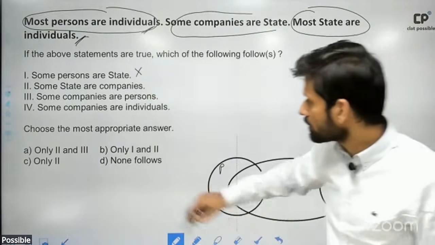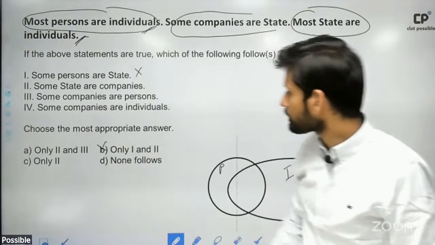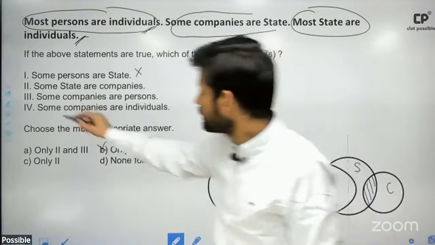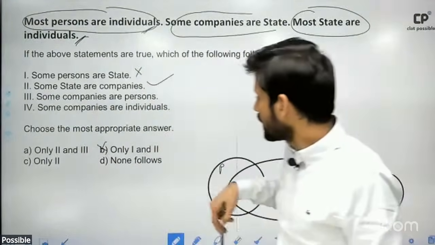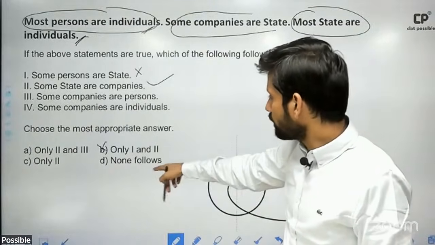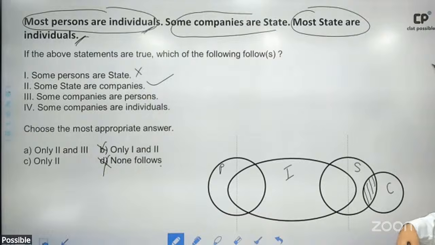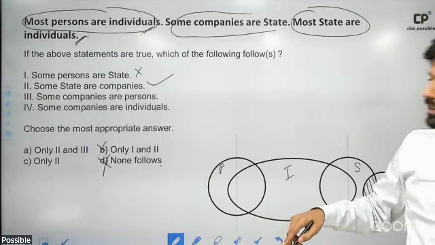So B is out. Okay. Some states are companies. Of course, some states are companies. So 2 is fine. So none follows, so that won't be the answer. Third, some companies are persons. Again, not a definite conclusion, so this is out.